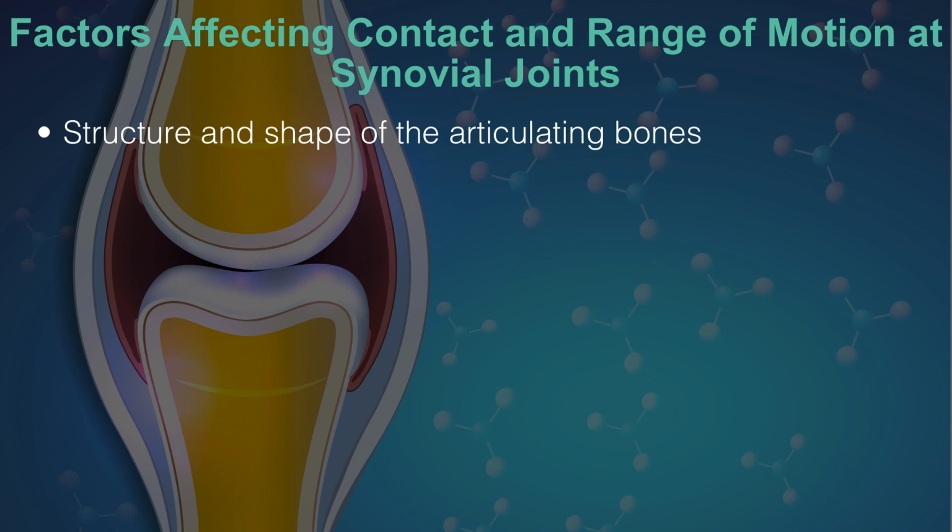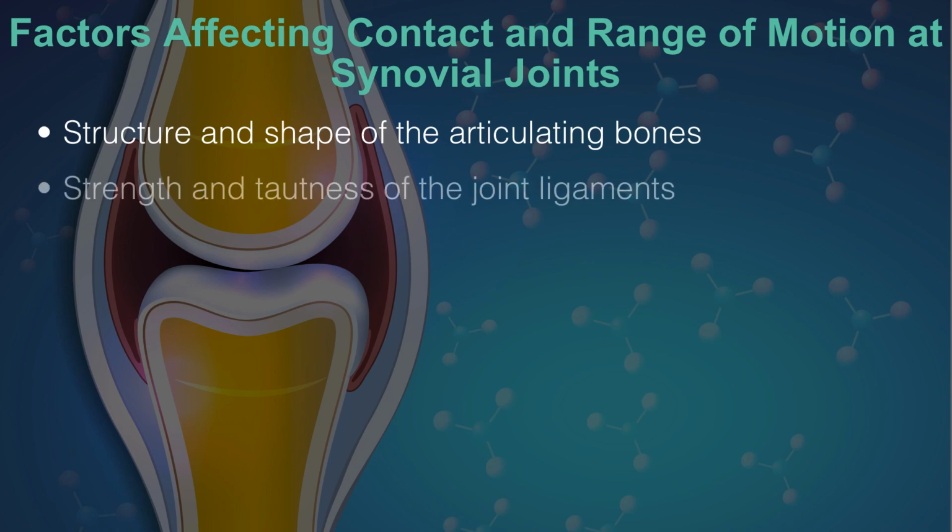So the example of the shoulder, if you take the 3D animation, they seem to fit together somewhat loosely. Lots of range of motion. Whereas some of the joints, perhaps in the carpals or the wrist, less loosely, less range of motion. Other than the structure and the shape of the bones within the joint, which define the joint itself, accessory structures.